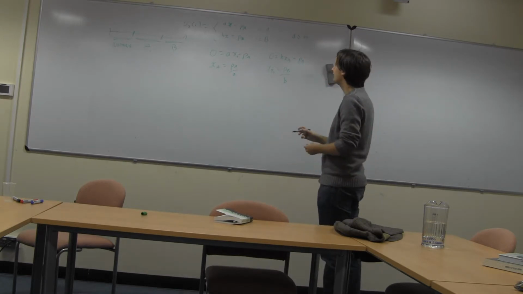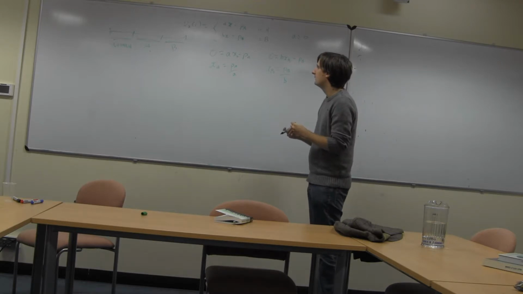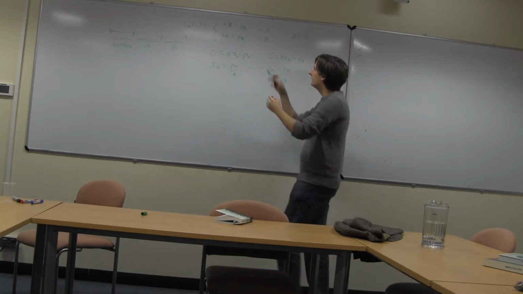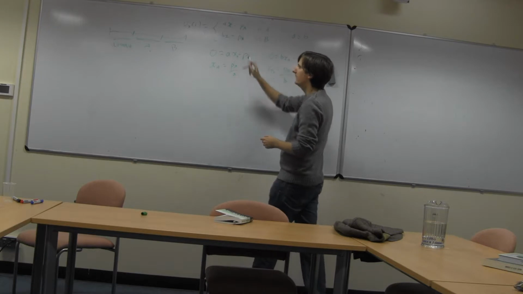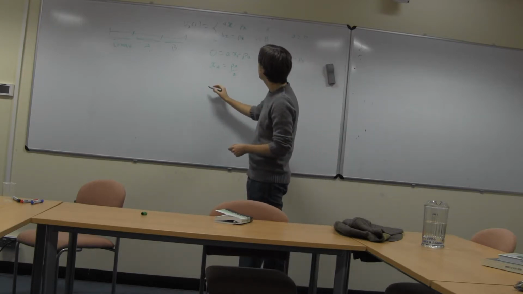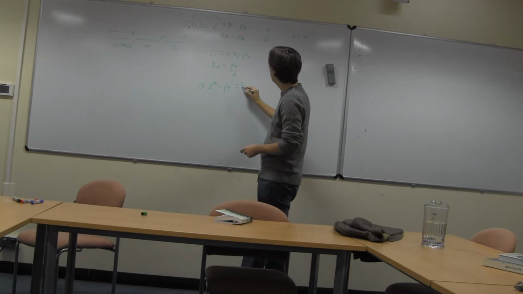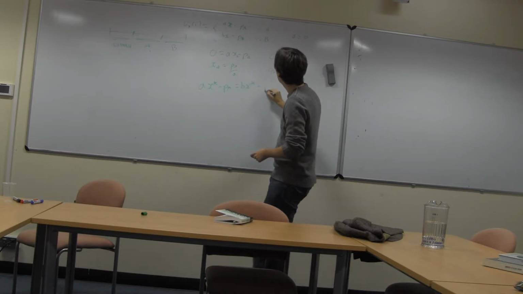Okay, so for a consumer to be indifferent between buying from A and B, it must be the case that A X star minus PA is equal to B X star minus PB.